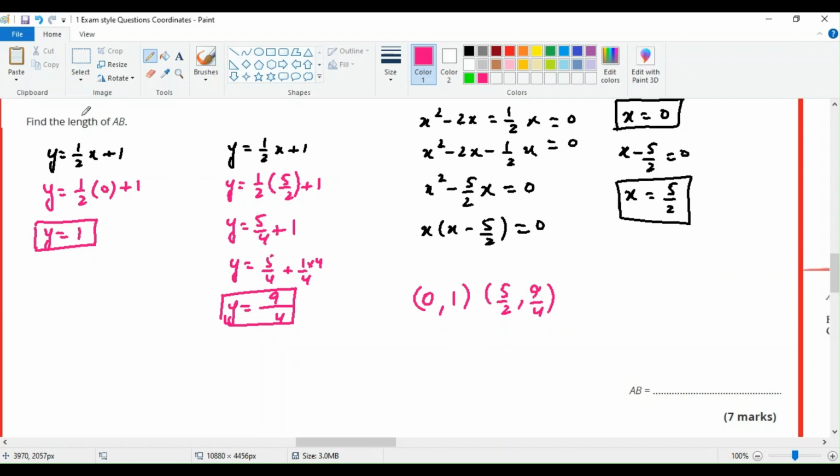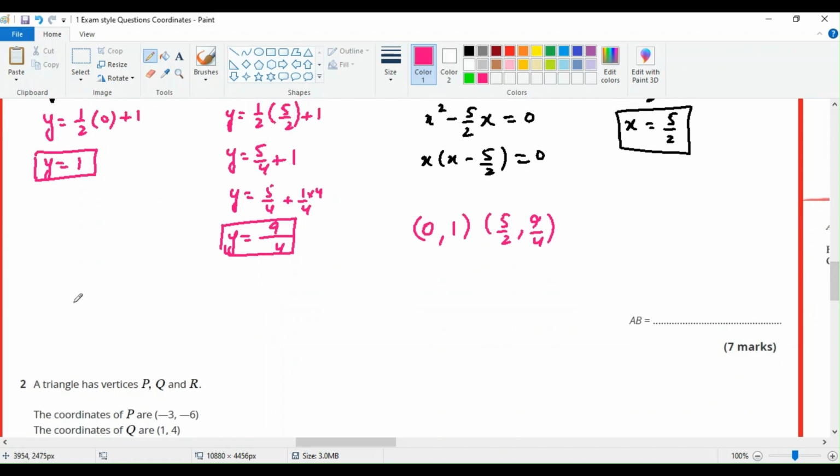Now we can find the length using the same formula that we have used. So this says x2 minus x1 whole squared plus y2 minus y1 squared. This we have practiced in the previous questions. You just put the values. This is x1 and y1, this is x2 and y2. We are plugging in the values and we can get the answer.